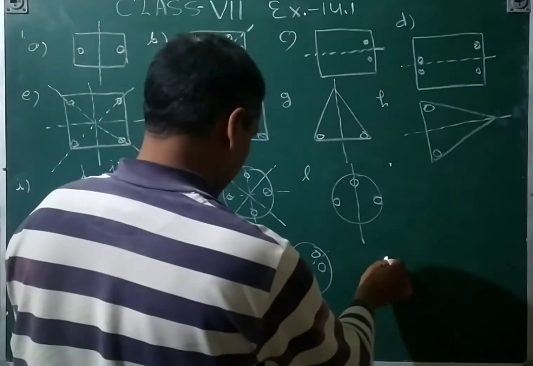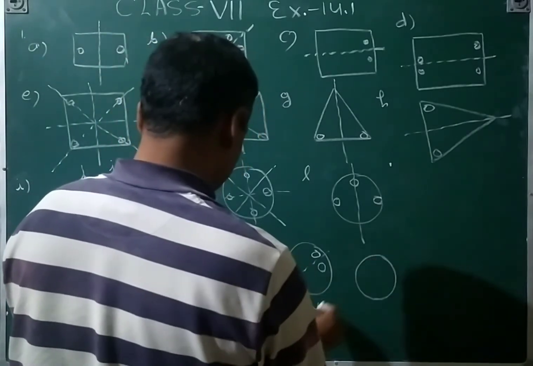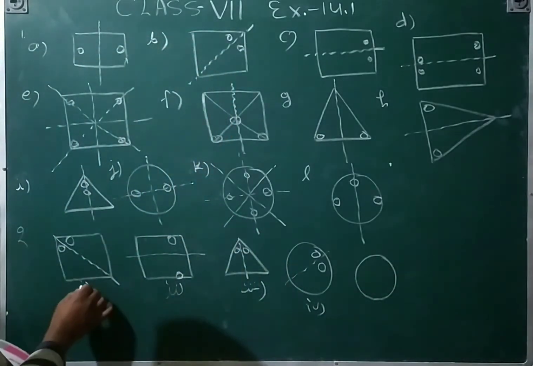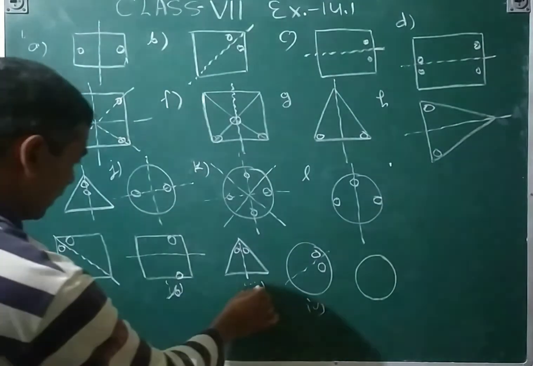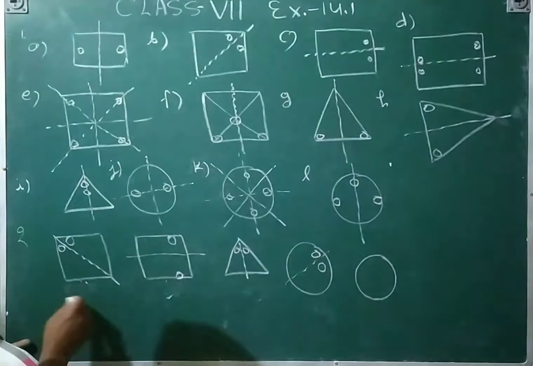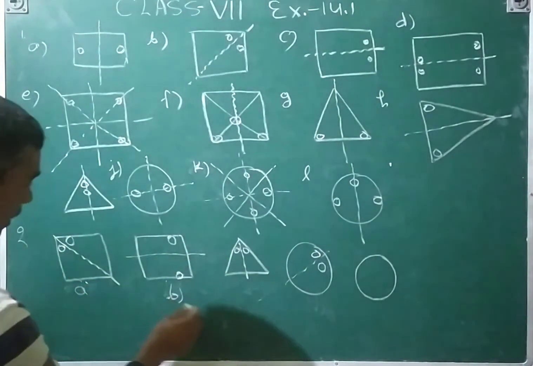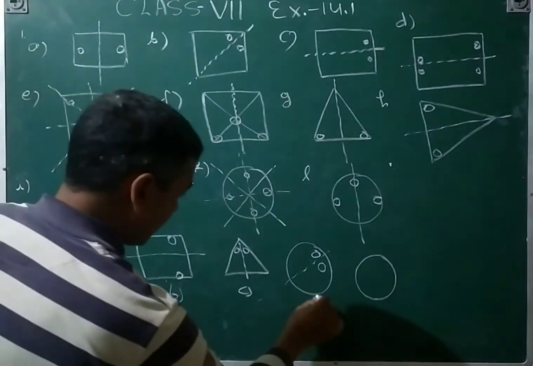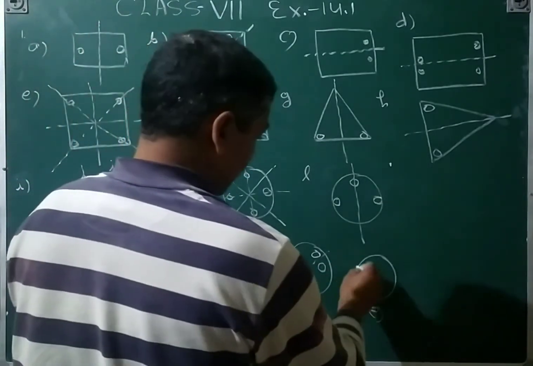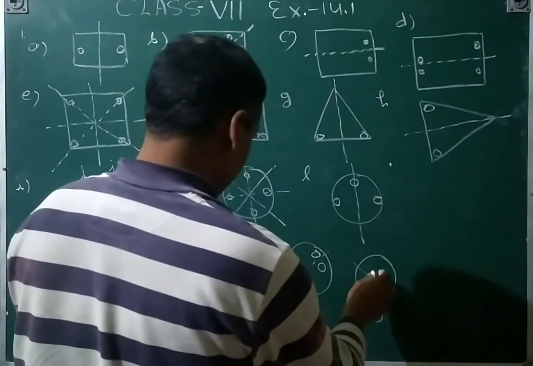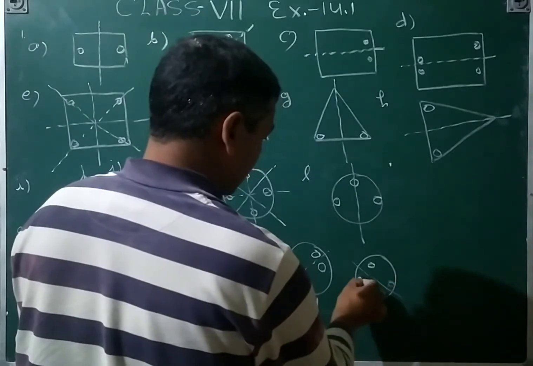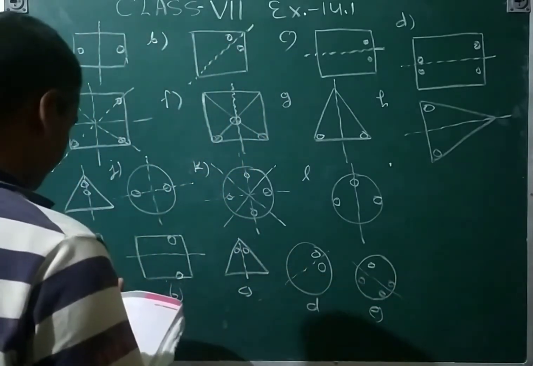And then A, B, C, D, E: it is folded from here, one hole is here and one punch is here. So this punch's reflection will be here, and this punch's reflection will be here.